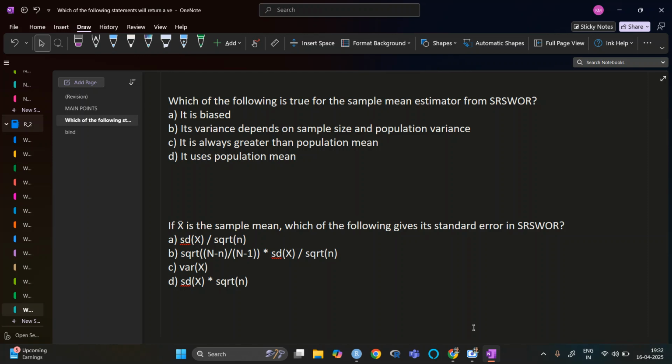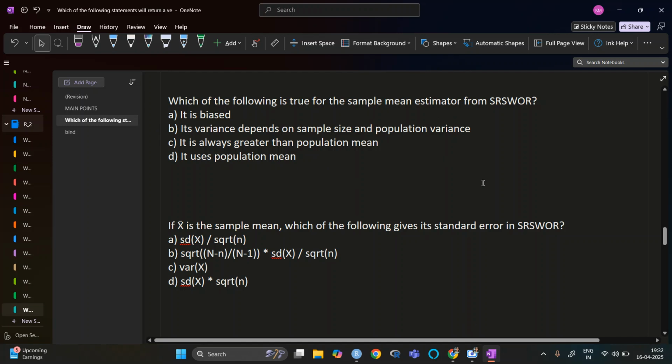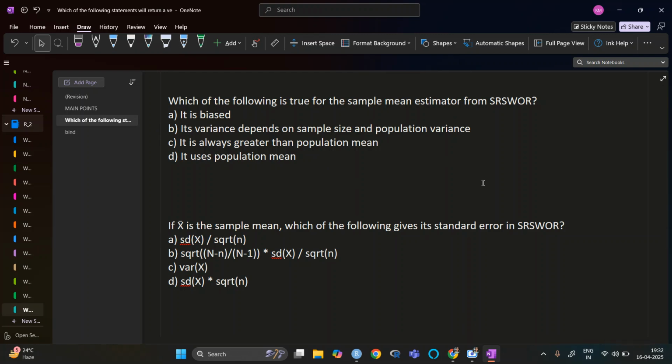Yes. So it is unbiased. Firstly, its mean is equal to the population mean, and it does not use the population mean. Whereas its variance depends on the sample size, because if the sample size increases, then the variance decreases. Okay.